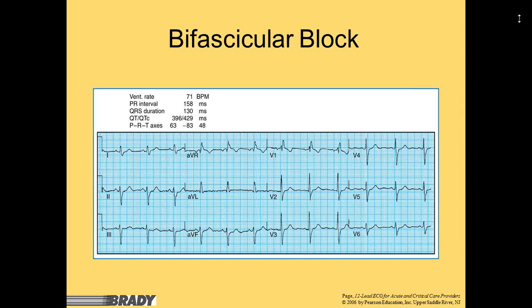So in leads 1, 2, and 3, lead 1 is upright, leads 2 and 3 are down, and right up here we have an axis deviation of negative 83 degrees.